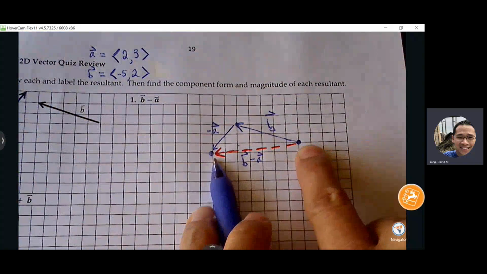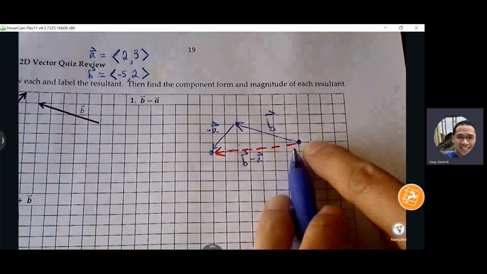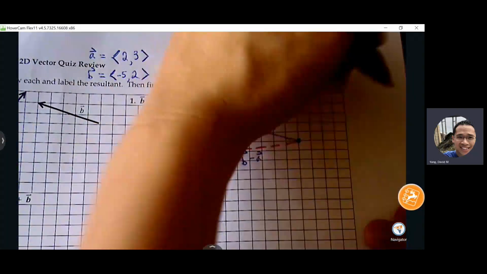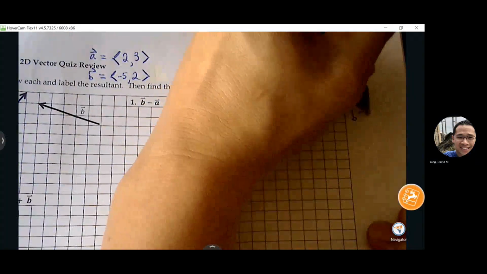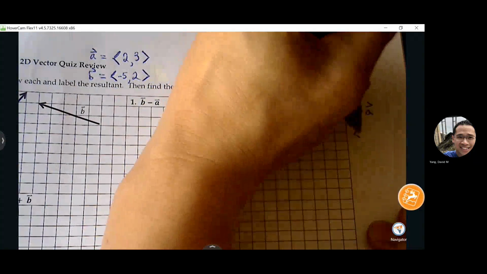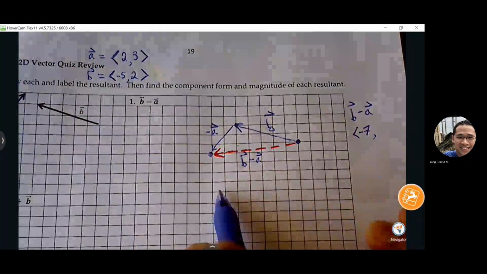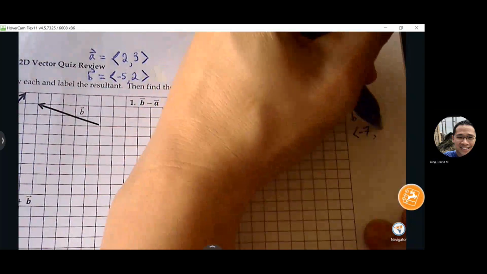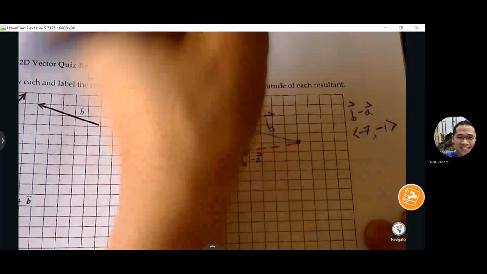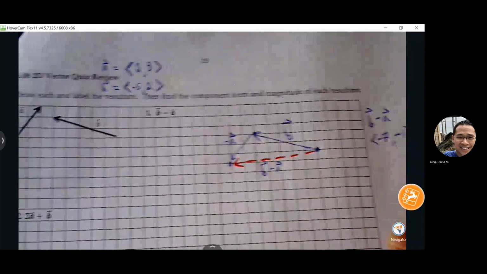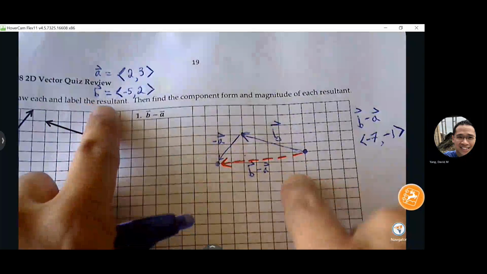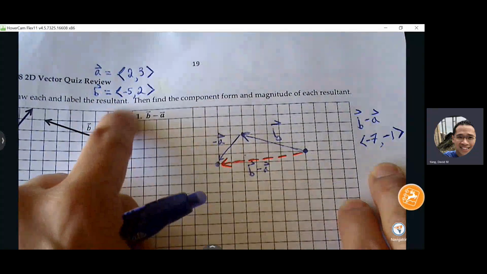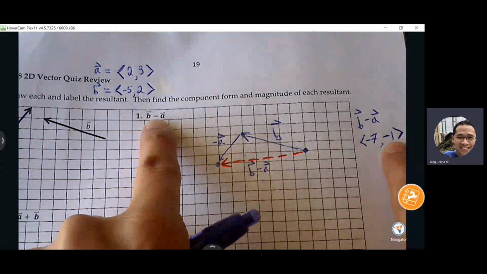So let's find the component form for this resultant vector. Left, how many units? Left 7. And then down 1. You don't have to do this, but this should match with what we do algebraically, right? So if I do vector B minus A, I should get the same thing as this.